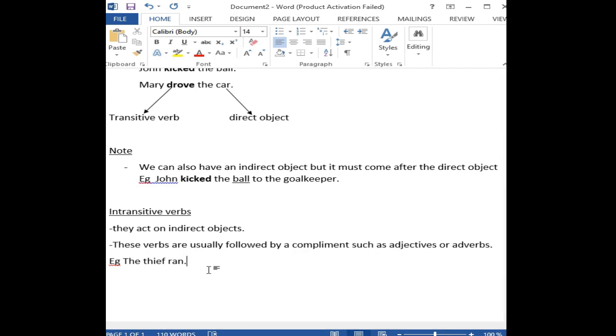Now remember, in English most sentences usually have objects, others do not have objects. So for the ones that don't have objects, we say that the object is not inclusive. So here, the thief ran. That's a complete sentence. So yes, we have a subject, then we have our intransitive verb that acts on an action of escaping indirectly, because the action of running cannot be done on escape.